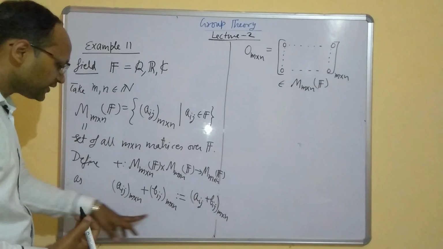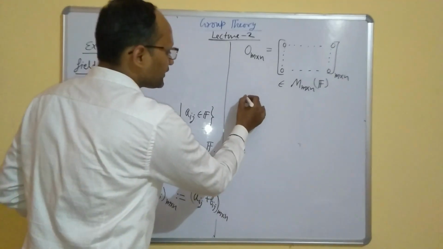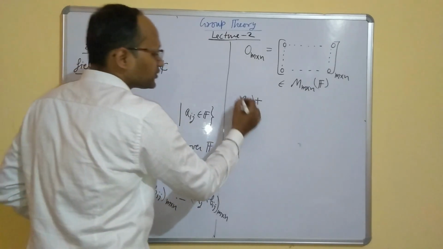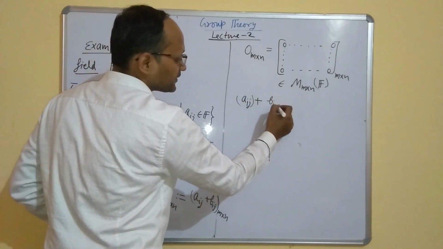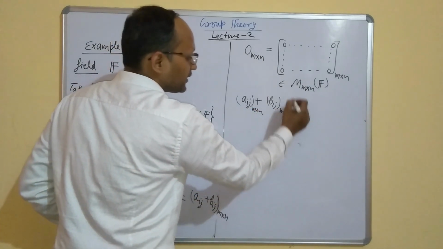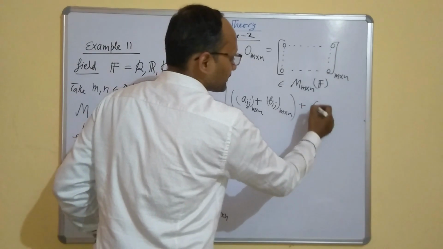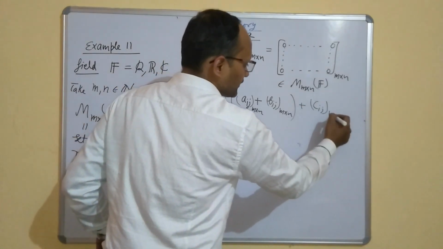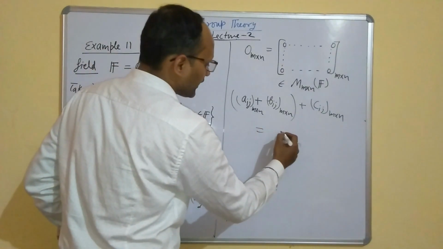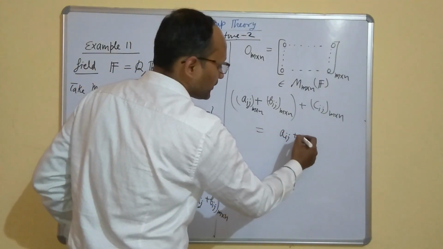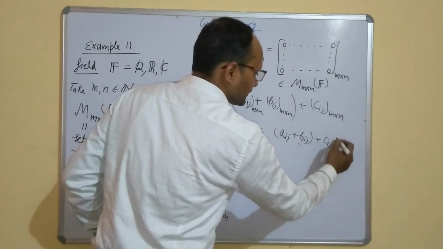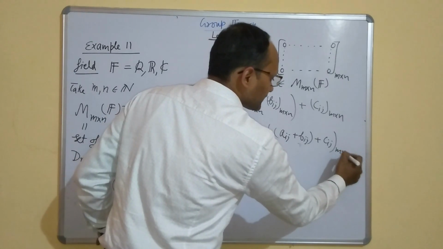Now, one thing we can see about this operation of addition of matrices: if I take three matrices A_ij, B_ij, and C_ij, each m cross n, then by definition of the sum of matrices, you can always write it as (A_ij plus B_ij plus C_ij), m cross n.